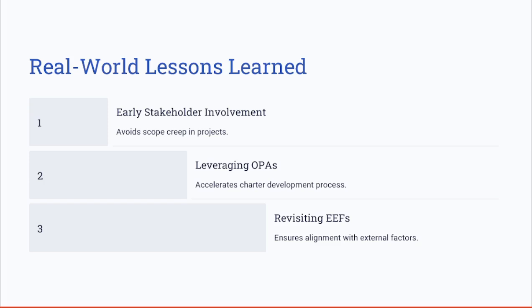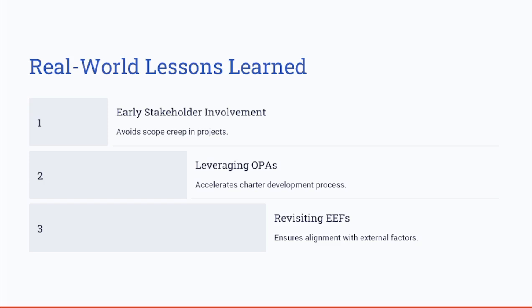Let's talk now about real world lessons learned. Real world lessons emphasize the importance of early stakeholder involvement, leveraging the needed OPAs and EEFs for efficiency, and continuously aligning the EEFs to navigate changing external conditions.